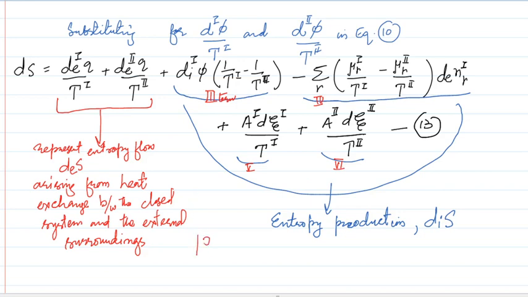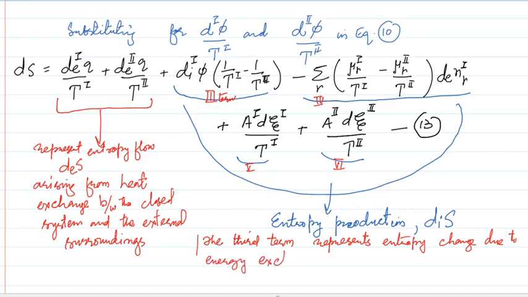The third term here represents entropy change but due to energy exchange between phase 1 and phase second.